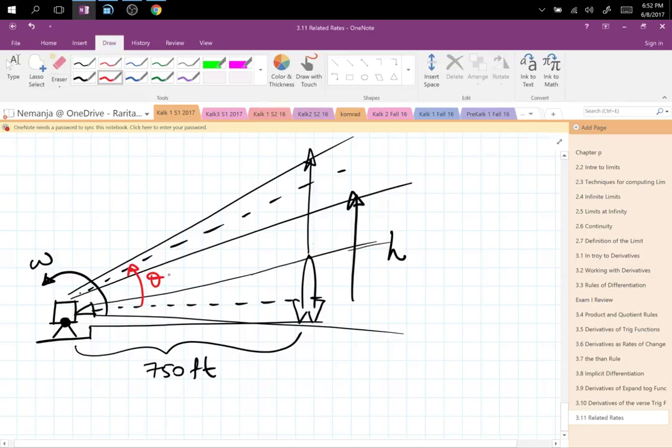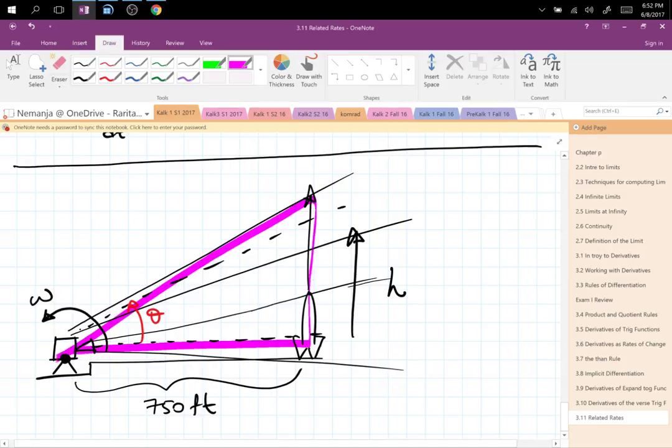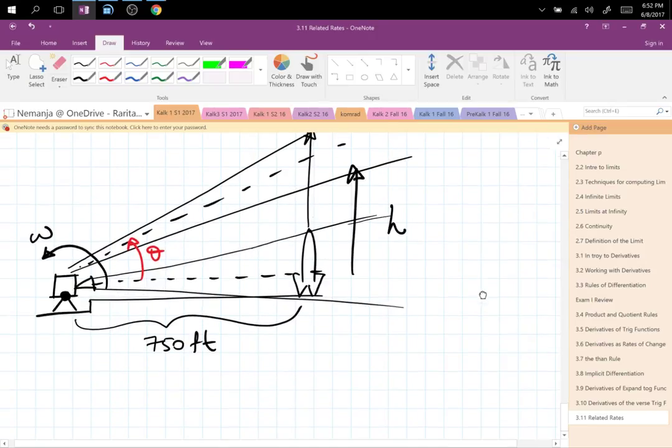So we start with our equations. Do we all see the right triangle first? What do we have? We have h, we have 750, and we have angle theta. What concept should relate to these? Area of the triangle? No. Tangent, nice.